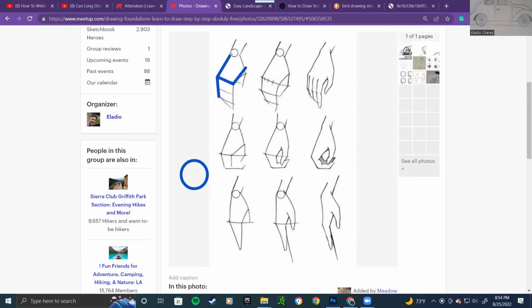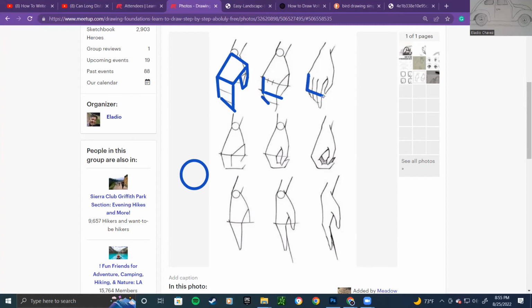Let me give you the palm shape. This palm shape here, and then the thumb coming off of it. This is the thumb. Simplify. There's that palm, and then you can see these angles for these fingers. All right, and you can see it broken down here as they break it into curves.